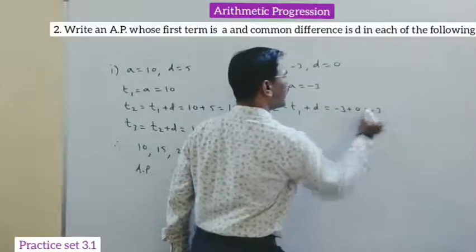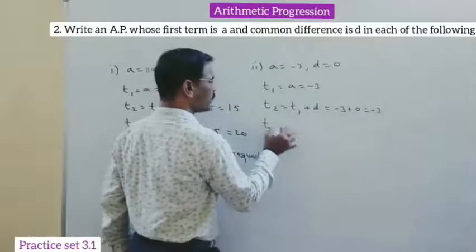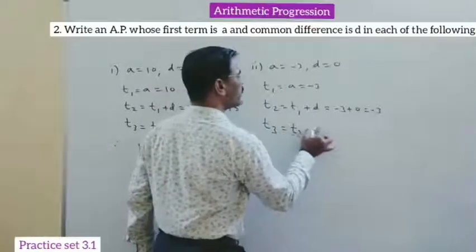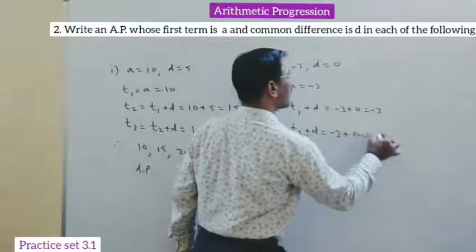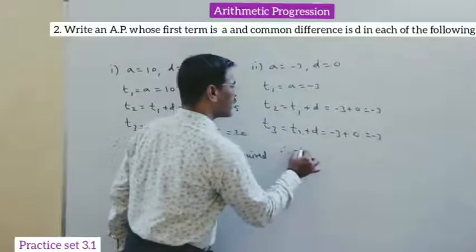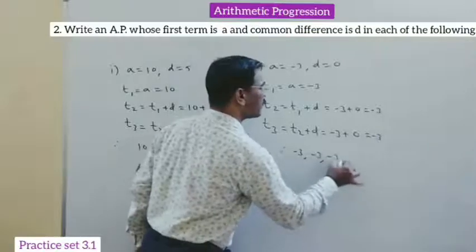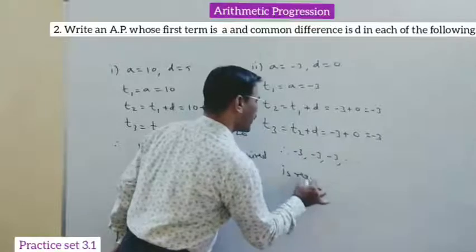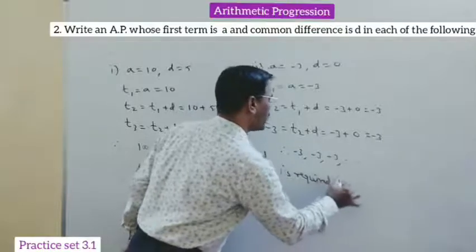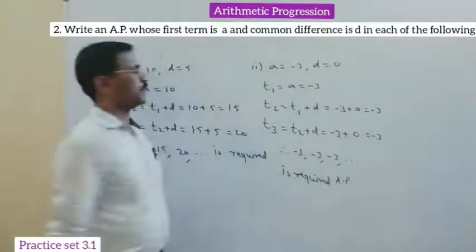So we get minus 3. Okay, now one more. T3, that is T2 plus D. T2 is minus 3, plus D is 0. Again minus 3. Therefore we can write minus 3, minus 3, minus 3, dot dot dot, yes, the required arithmetic progression.